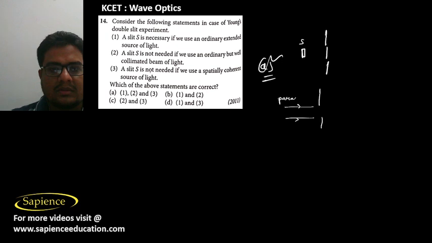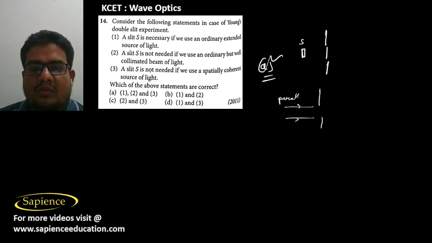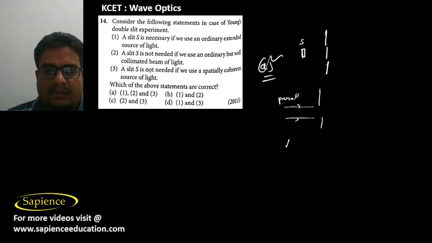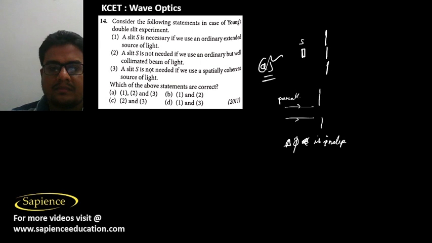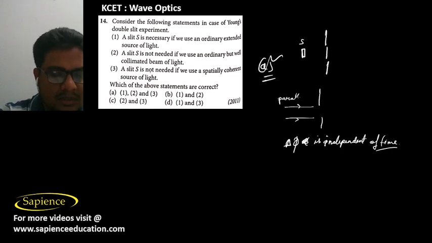Slit S is not required if we use a spatially coherent source of light. Spatially coherent means that their phase difference is independent of time. This is called a spatially coherent source. So statements 1, 2, and 3 are all correct.